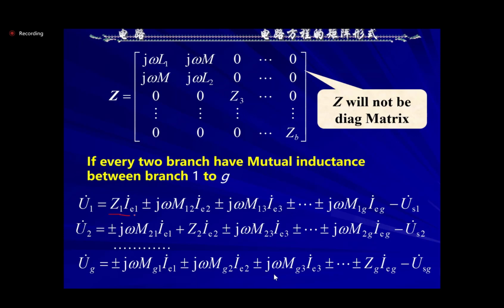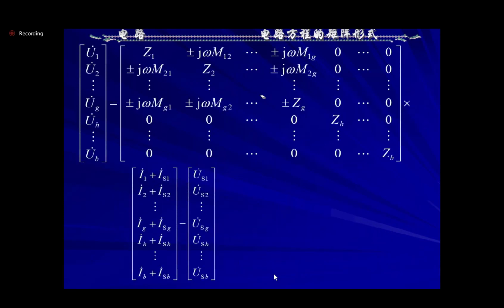U1, Z1, I1, I2, M12, M13, M1G. This means branch 2 affects branch 1, branch 3 affects branch 1, branch G affects branch 1. This is the matrix form.